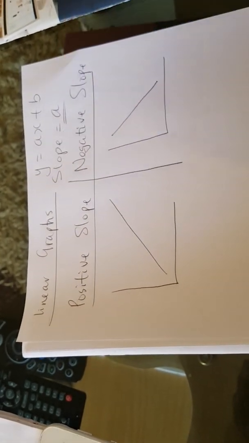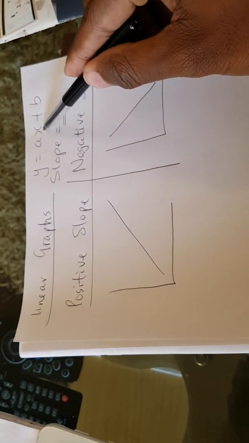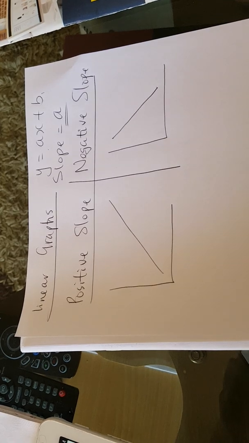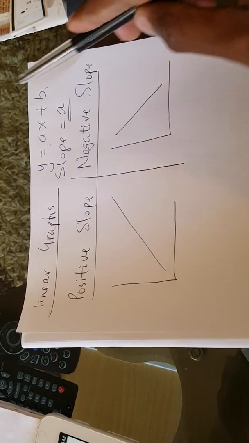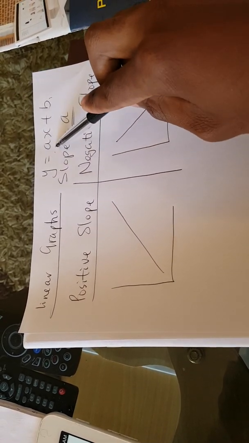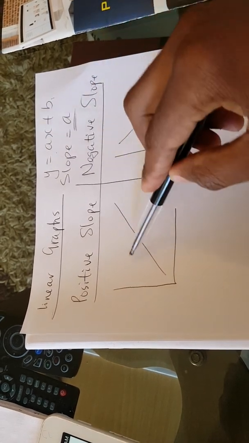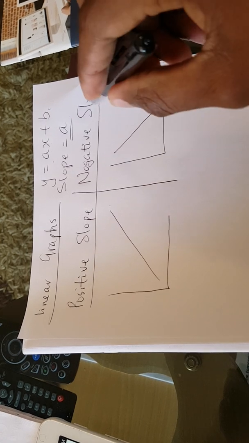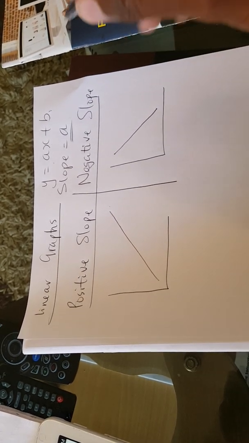This is the equation of a straight line: y equals ax plus b. In this equation, a represents the slope, so we are talking about the nature of the gradient of the graph.